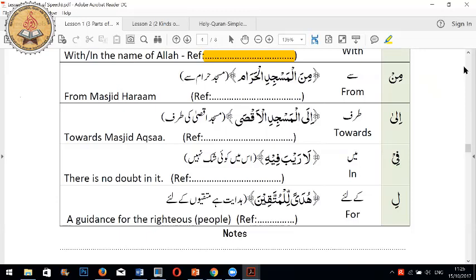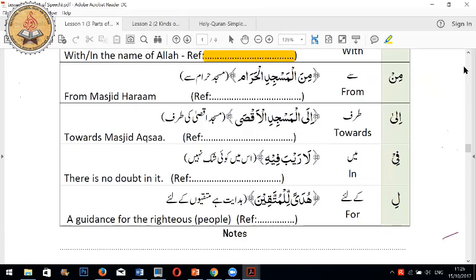La rayba fi, there is no doubt in it, isme koi shak nahi. Then again, li means for. Hudal lil muttaqin.